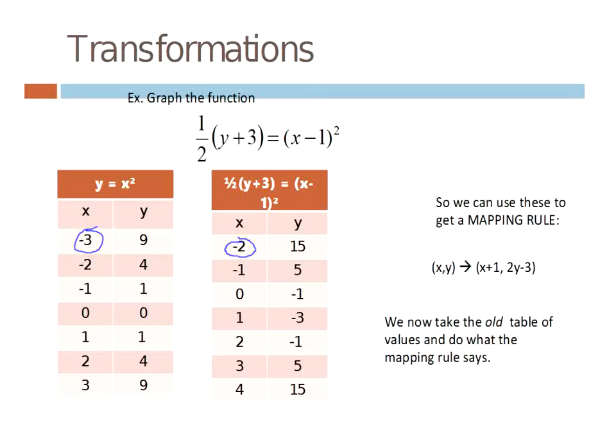And to the y values, I plug this 9 right in here. That would make it 18 minus 3, which gives me 15. You can see that I did that for all of these y values. 4, let's plug in the 4 right here. 2 times 4 minus 3, that's 8 minus 3, which is 5.